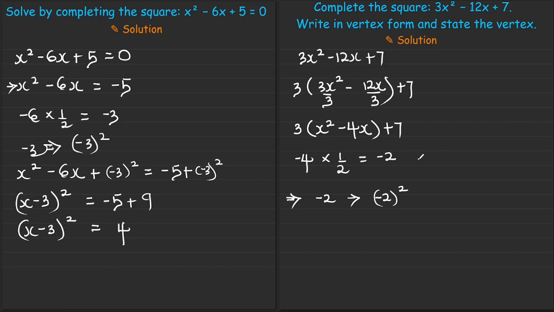So we have 3 into bracket x squared minus 4x. Then this we have here, we'll add and then subtract. You remember that? So we have plus negative 2 squared, then minus negative 2 squared. Not forgetting our plus 7.